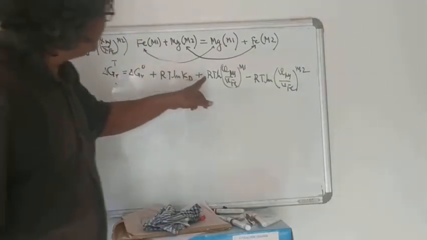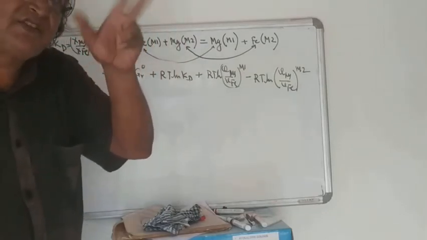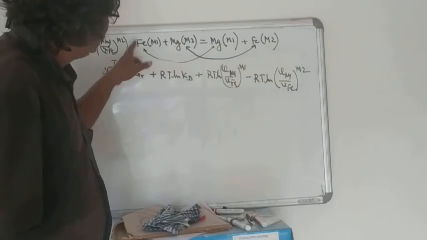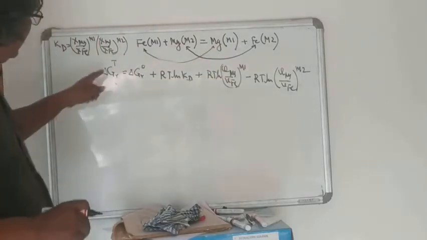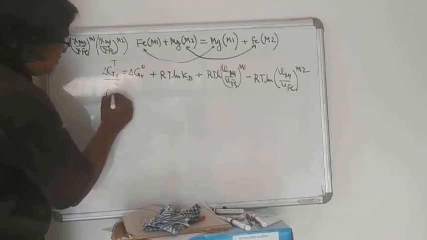This time there is no 3 here like last time because the mixing is on one side. Have you understood? And the stoichiometric coefficient is always 1. So that is why. Now at equilibrium, delta GR is equal to 0.